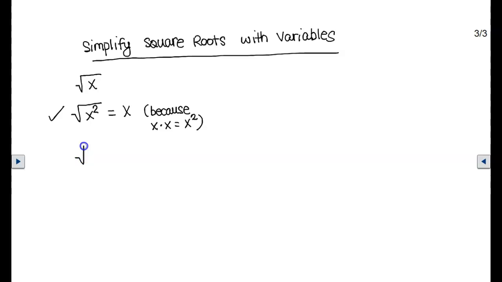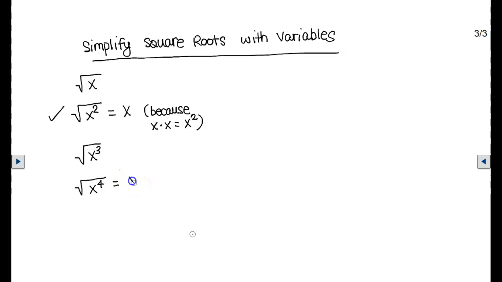All right, square root of x to the third. What can I multiply times itself to get x to the third power? The answer is there's nothing that I can multiply times itself to get x to the third power, so I can't do that one. All right, so let's go to the square root of x to the fourth power. What can I multiply times itself that will get me x to the fourth power?